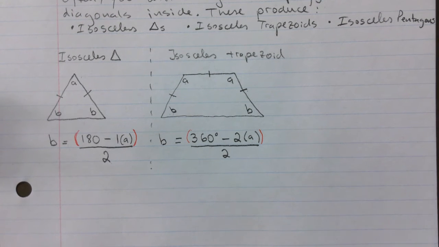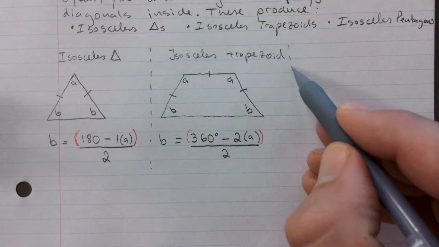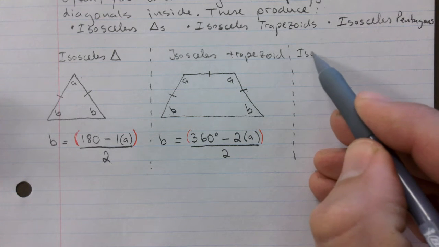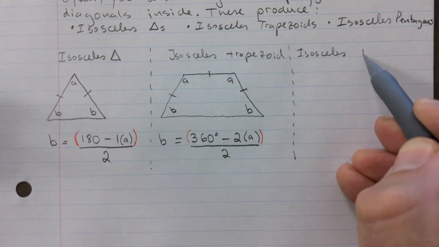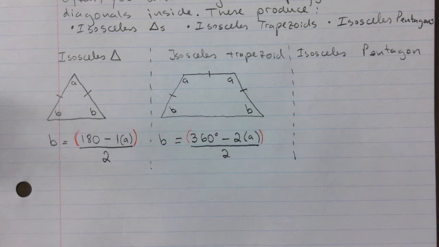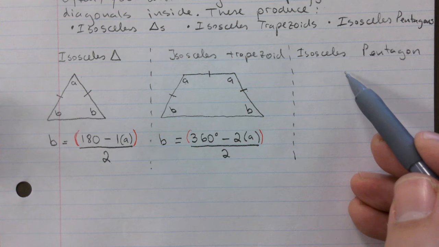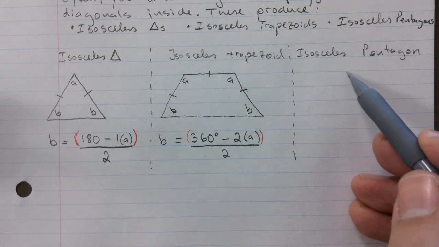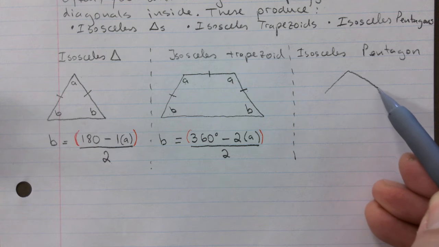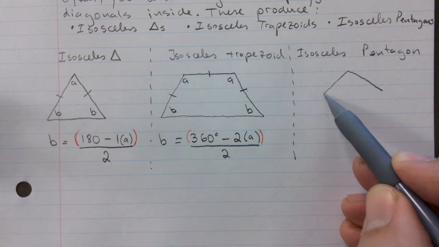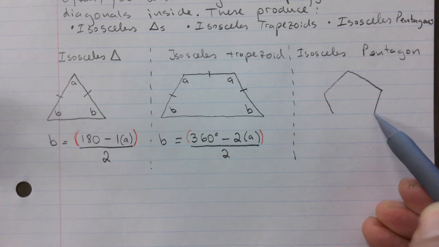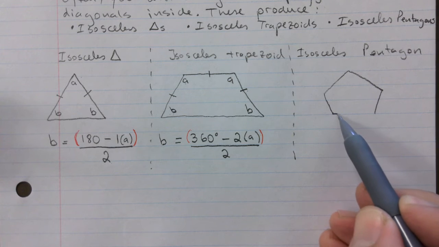And last but not least, the isosceles pentagon. This one is a little tricky to graph, so let's make a bit of a roof like this, and then go in a bit like that and make the base the longest.